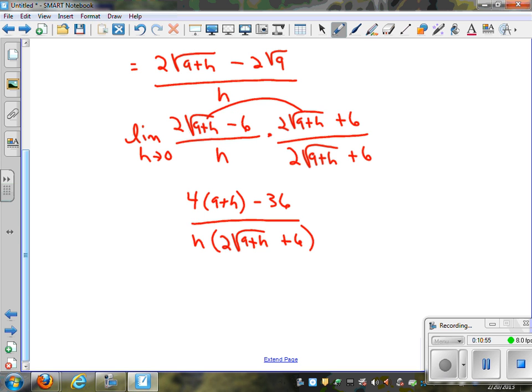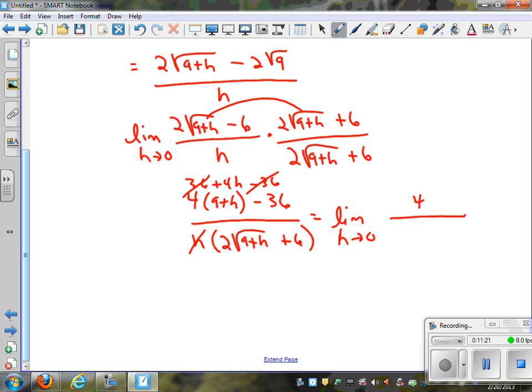So on the top, we're going to get 36 plus 4h minus 36. 36 will drop out. What happens to this h and that h? They'll drop out too. So then we're doing the limit as h goes to 0 of 4 divided by this quantity.